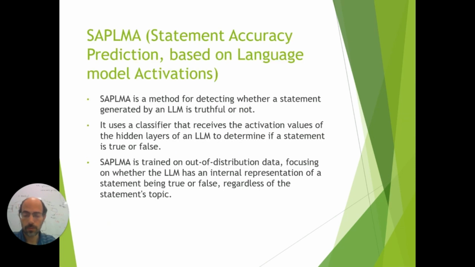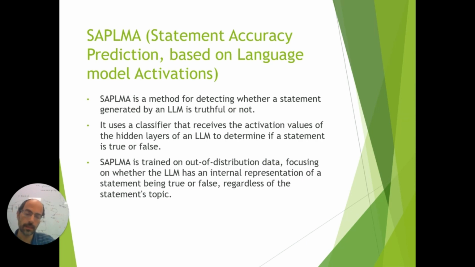Now, all these sentences are fed into a large language model, and then we test the internal state of the language model for each of these sentences when it is fed. On top of this, we build a classifier. Since we know which sentence is true and which is false, we can create a classifier that gets as input the internal state of the language model for each of the sentences, and the label is whether the sentence is true or false.